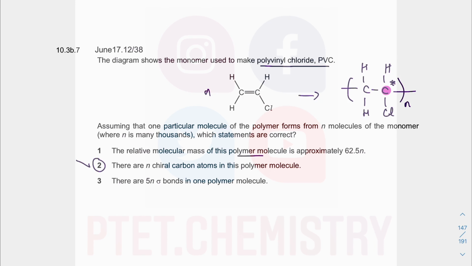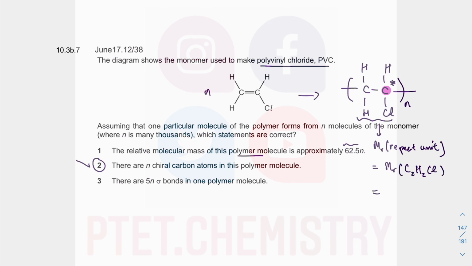The relative molecular mass of this polymer molecule: this 62.5 is actually the Mr of the repeat unit multiplied by however many times it gets repeated, due to the number of molecules of the monomer. The repeat unit is actually C2H3Cl.